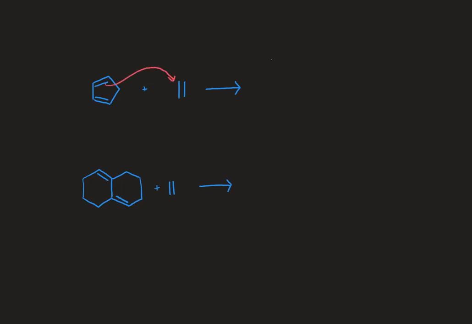Again, electrons go from the diene to the alkene, and then the alkene donates electrons back, and we have one more arrow that pushes across. And this is going to give us a weird looking structure. It's a bicycle. It looks like this.